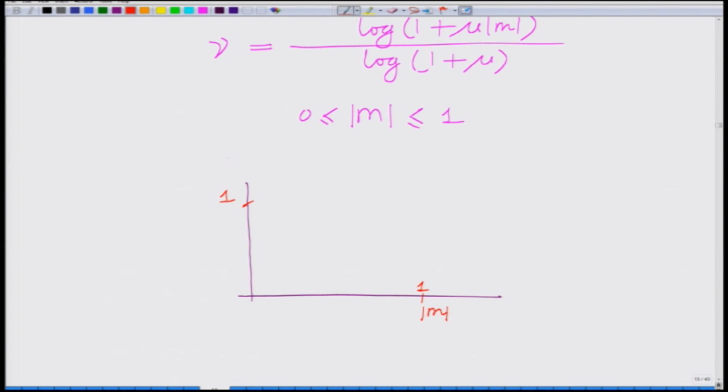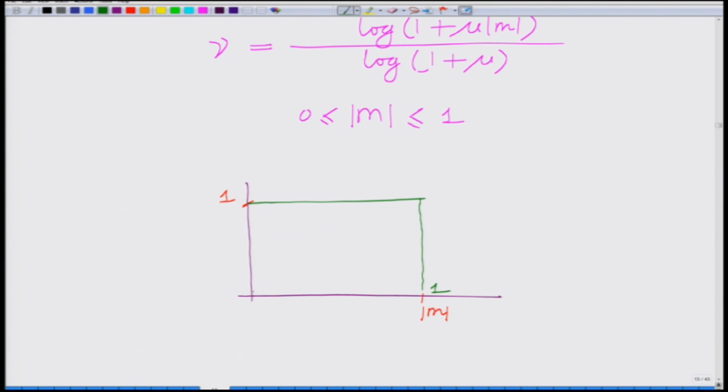So the maximum value. It basically remaps magnitude of m lying in the interval 0 to 1 to the interval 0 to 1, and the mapping is the log function.